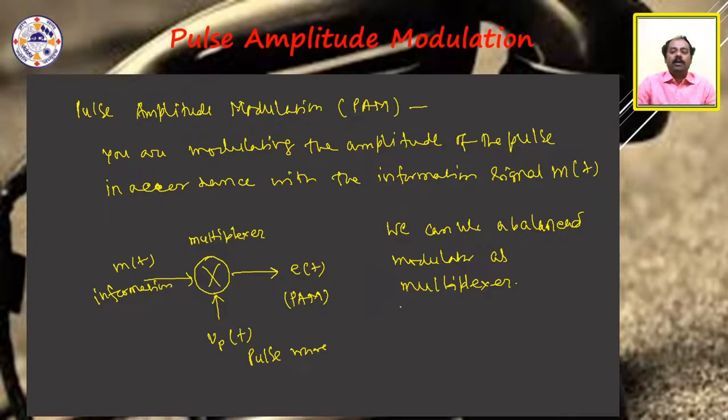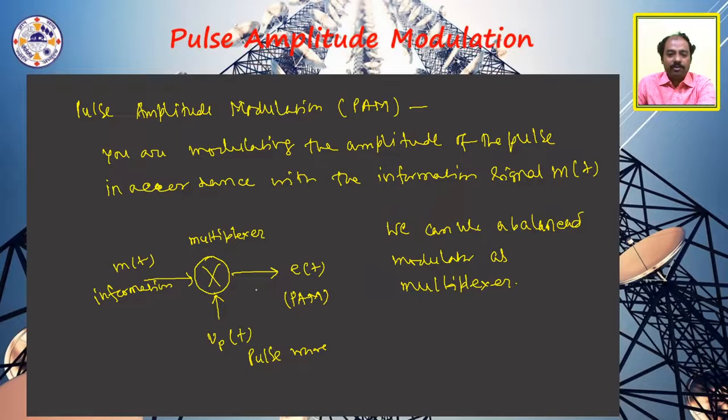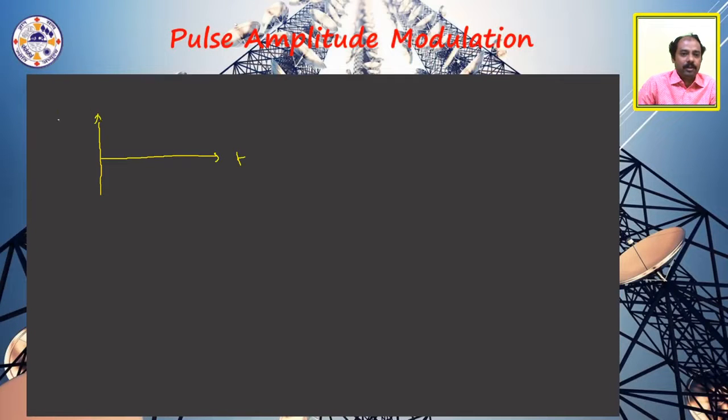Now, what will be the expression of this pulse amplitude modulated wave, or how can we get it? We have just shown you in principle what the figure would be, what the expression would be. Now I want to draw it graphically. So for that purpose, I am considering a very simple information signal.